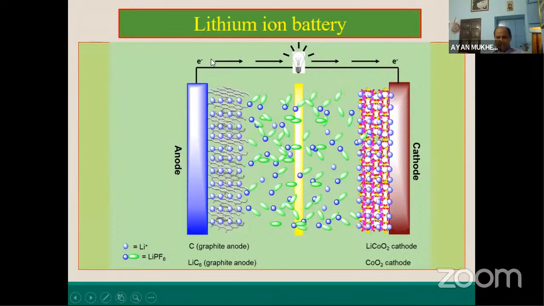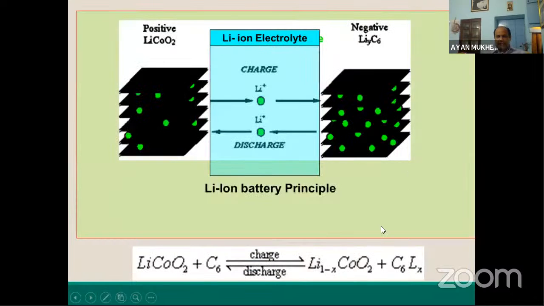From this structure you can see that between anode and cathode there is an exchange of ions, which is stored as energy in the lithium ion battery. So the lithium ion battery principle depends on exchange of charge, mainly lithium.